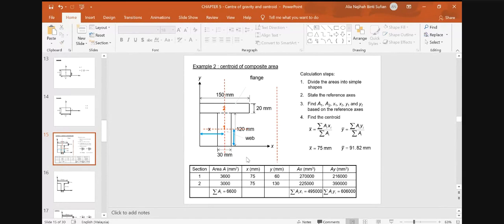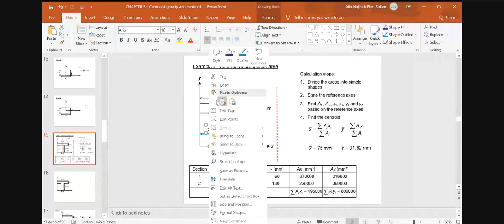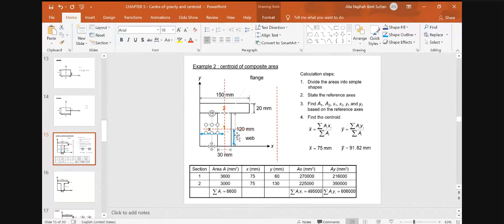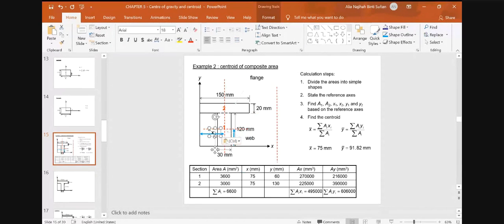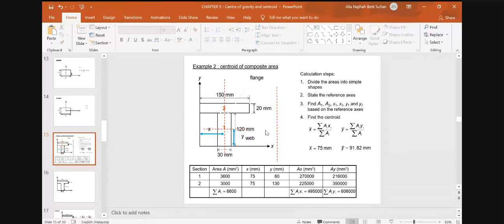So we get 120 over 2, we get 60. This is the y bar for section number 1.